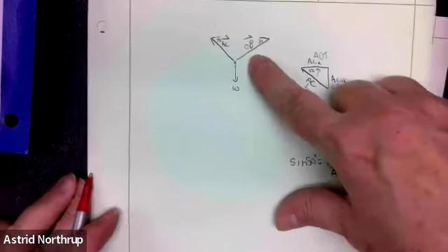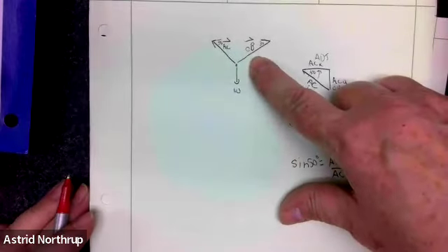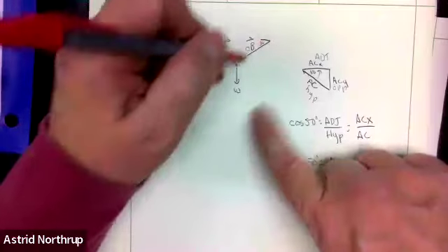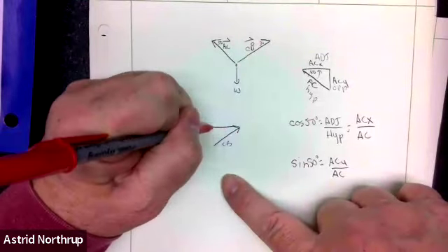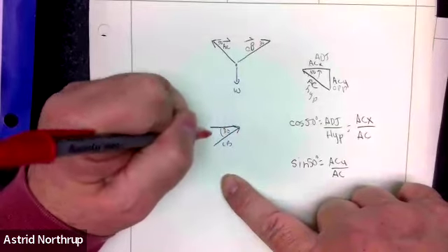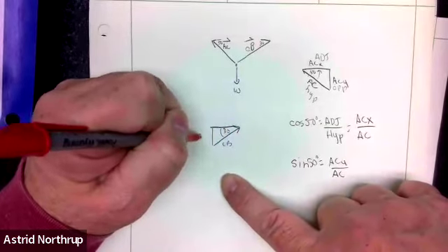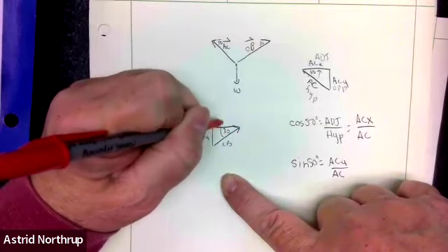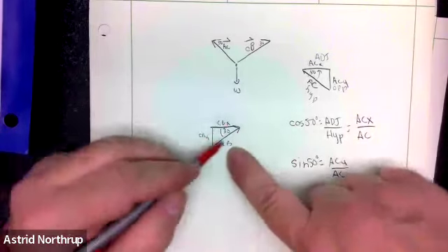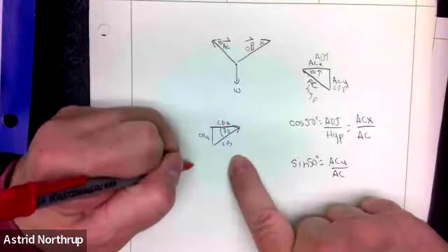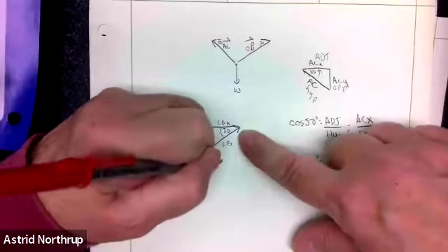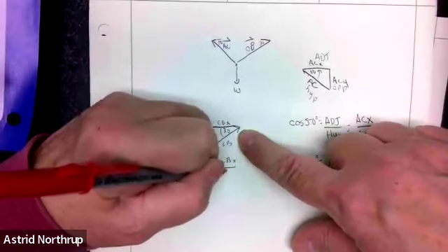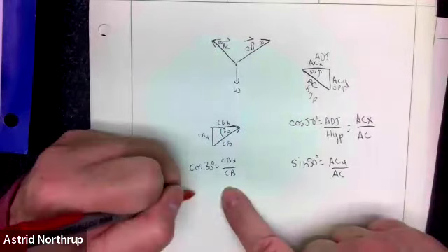Okay, now if I do the same thing here for CB, here's CB. This angle is 30 degrees. This is CBY, this is CBX. CBX is adjacent, so I can say the cosine of 30 degrees is equal to the adjacent leg CBX over CB.